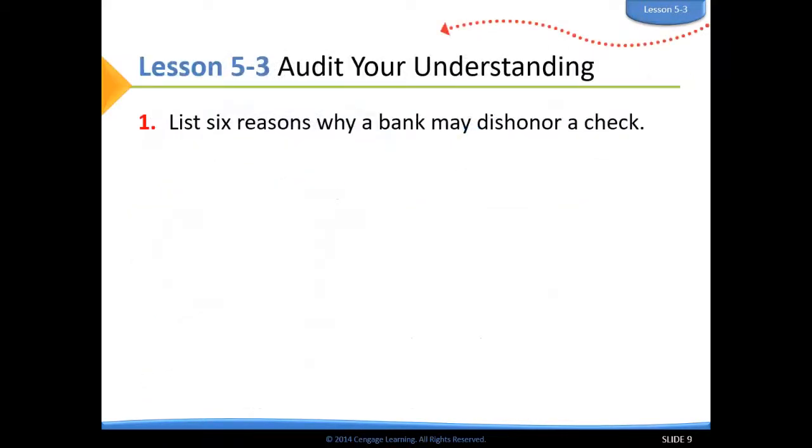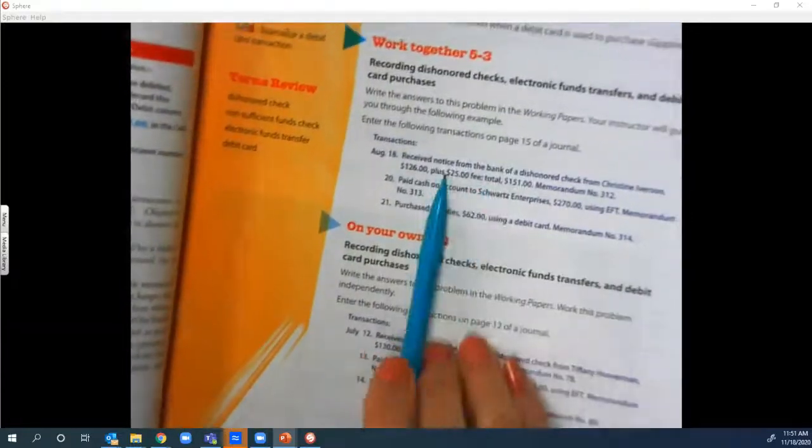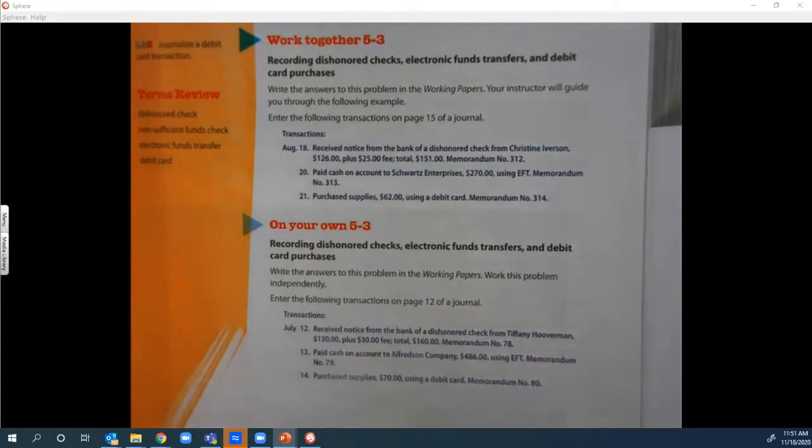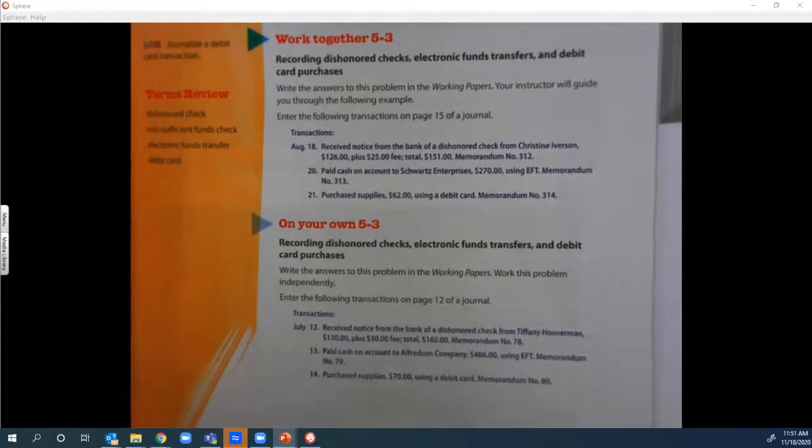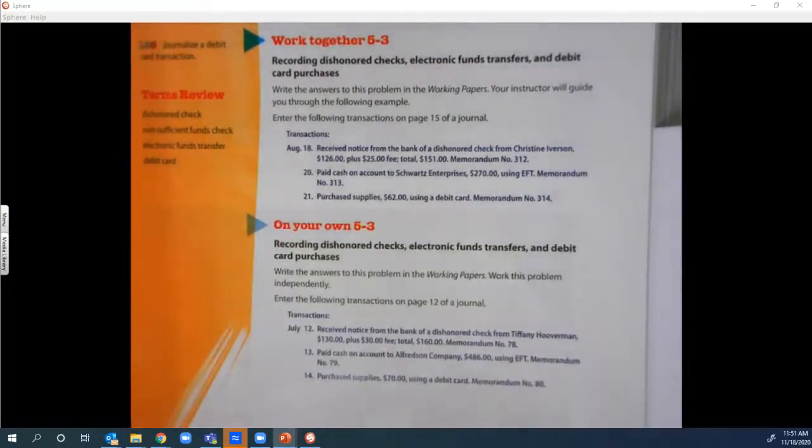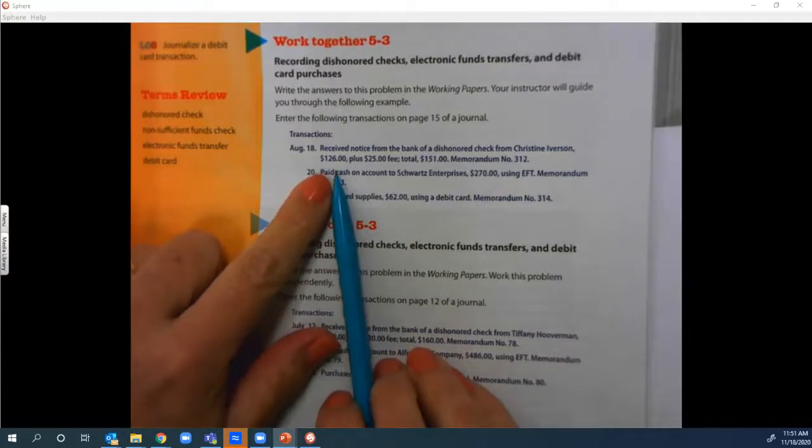Okay. So now that comes back to 5.3, and in 5.3 we're going to go through all three of those. We're going to receive notice from the bank of a dishonored check. Christine Iverson had paid us $126, but her check was bad.